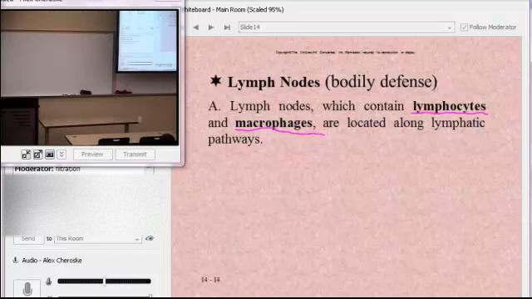Now, macrophages also should be somewhat familiar. Macrophages are big phages to eat, and we know that there were at least 2 different types of phagocytes that are white blood cells. Neutrophils were the small ones, and there were some big ones in the human animal. What were those? Was it kissing disease? Yes, mono, okay? They're called monocytes, okay?